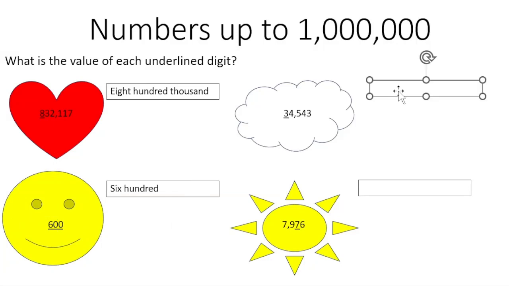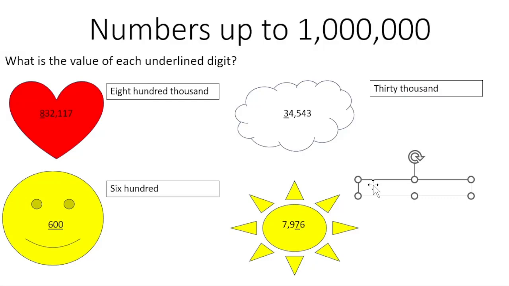The next number in the cloud is 34,543, and the underlined digit is the 3, the first digit. So the value of that is 30,000. The first digit, 30,000, is the value of that 3.